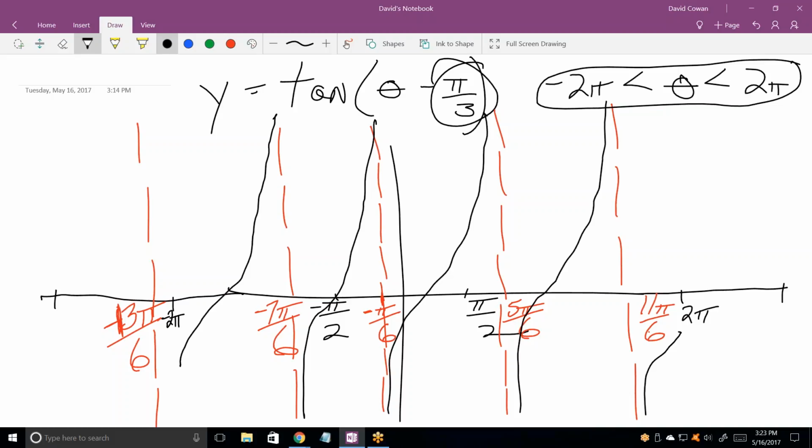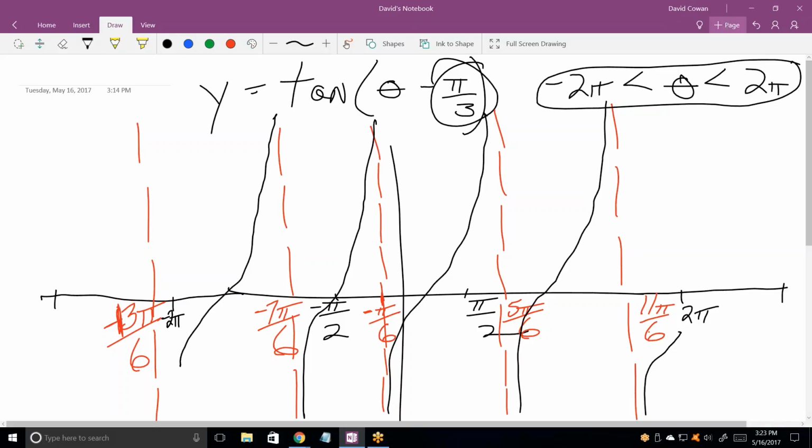Because they don't go fully from vertical asymptote to vertical asymptote. Now, yeah, that's exactly the way we want to do that problem.